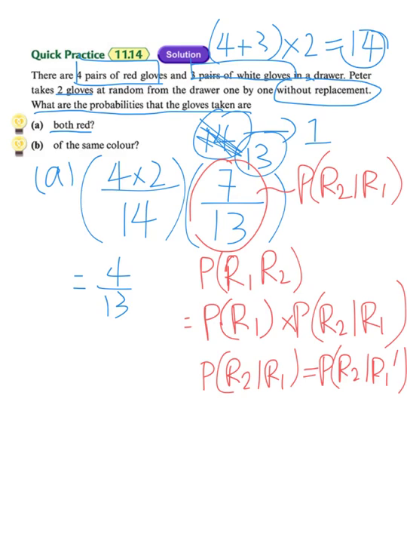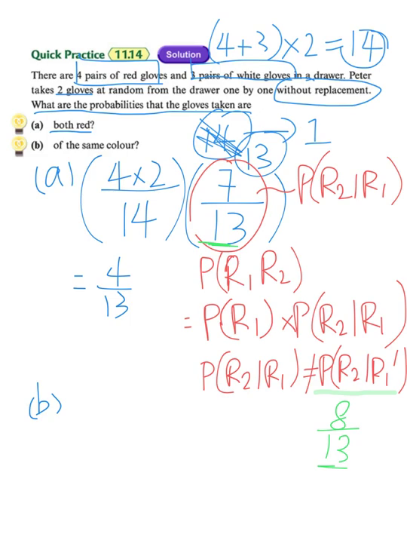But if the first is not a red, then the probability will be different, because in the pool we still have 8 reds, but only 13 gloves. So it is not 7 over 13, it will become 8 over 13. Now anyway, let's take a look at part B.